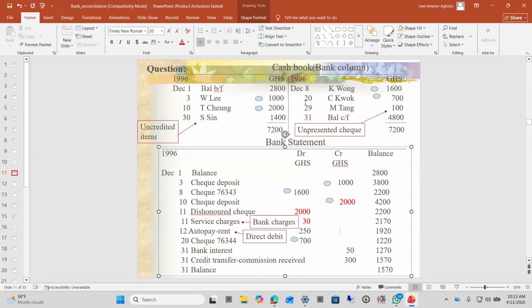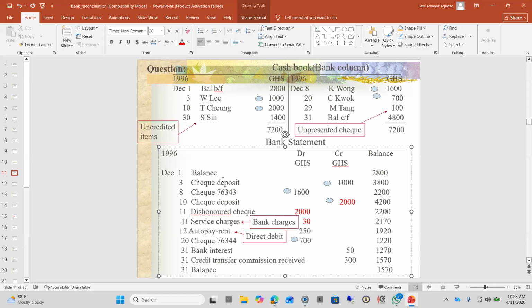But on the 11th, nothing happened to the best of our knowledge. But when we take our bank statement, we notice that on the 11th, the bank said there was a service charge, in other words, a bank charge of 30 cedis. So it is not here. So that can also bring differences. Is that correct?